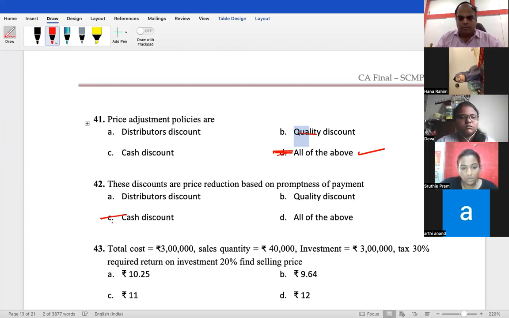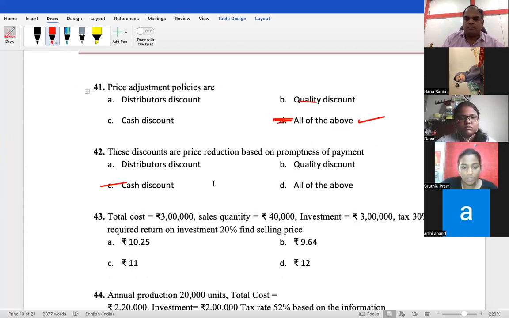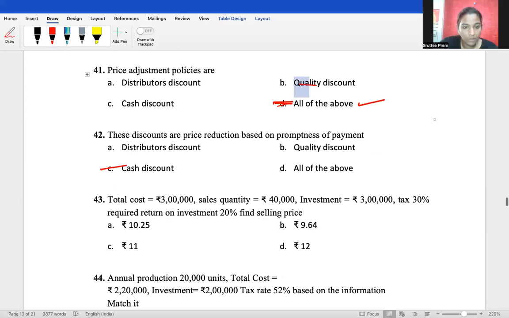Total cost is rupees 3 lakhs. Sales quantity is 40,000. Investment is rupees 3 lakhs. Tax at 30%. Required rate of return on investment is 20%. You have to find the selling price.